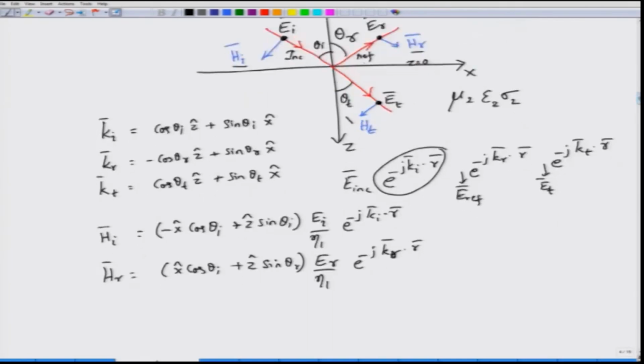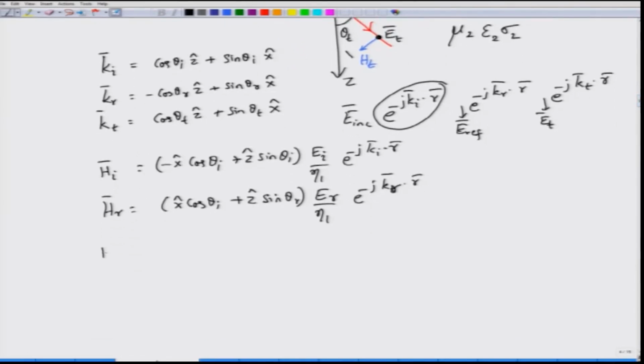Okay, this is the reflected magnetic field. Similarly, H_t will be given as minus x hat cos theta_t plus z hat sin theta_t, E_t by eta_2 now, not eta_1, it is eta_2, e to the power minus j k_t dot r.